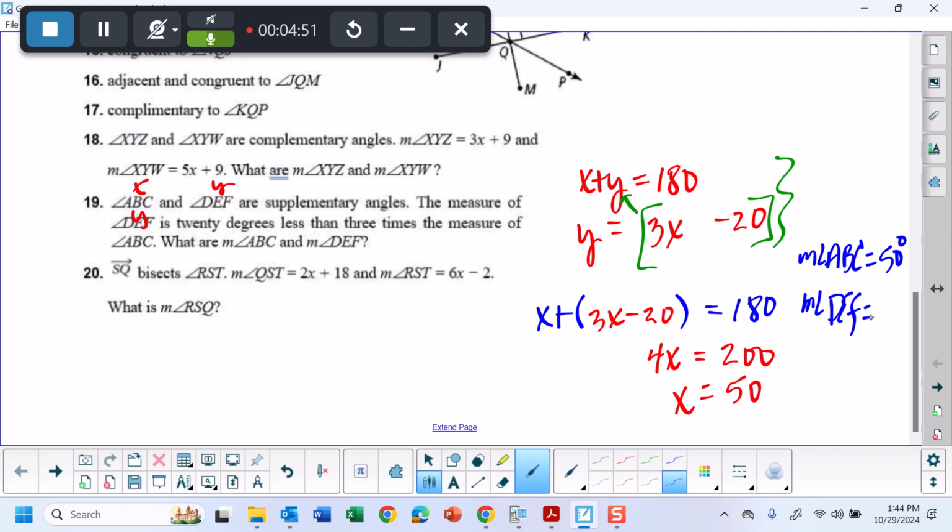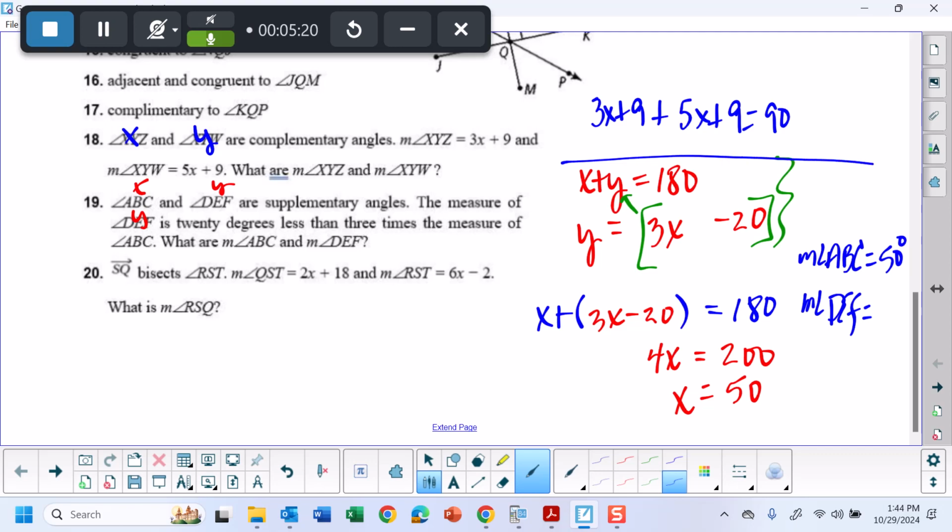So same thing. These 2 angles are complementary angles. If you want to call this X and this Y, you can. When I talk about the measure of angle XYZ being 3x plus 9, that means that 3x plus 9 plus this angle here, 5x plus 9, together equal 90 degrees.